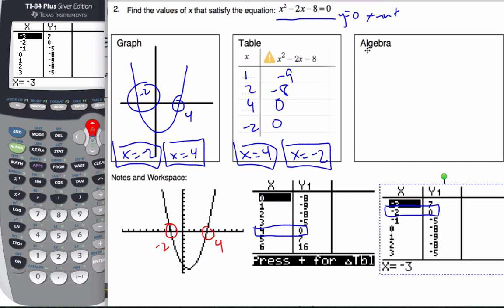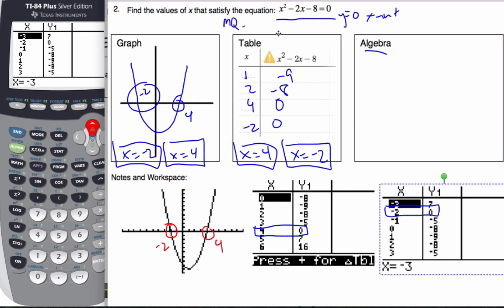And finally, algebraically, well, I better get these 2 answers algebraically. When I have this, one of the first things I notice is there's no common factor. This a value here in front of the x squared is 1. So if this value is 1, I can ask the magic question.